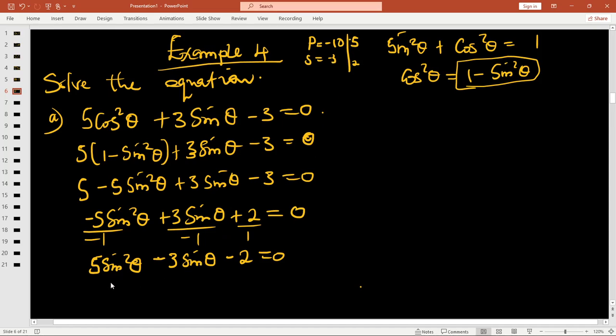So this can be written as 5 sine squared theta minus 5 sine theta plus 2 sine theta minus 2 equal to 0 here.